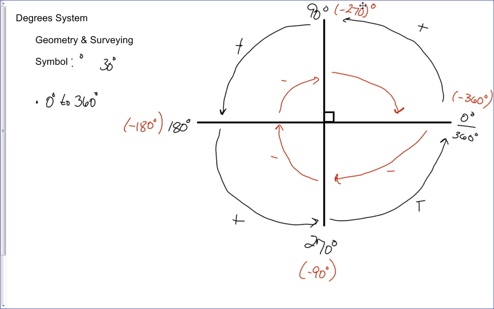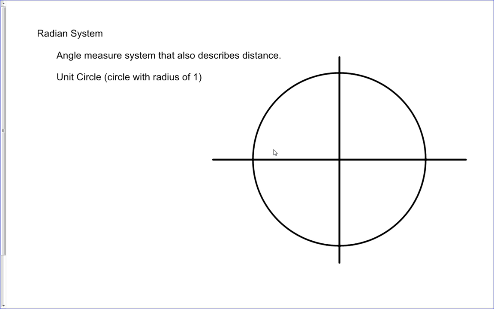So make sure if you go counterclockwise, you call your angle positive, and if you go clockwise, you call your angle negative. That's the only way to differentiate between the two. Now let's talk about the radian system a little bit.